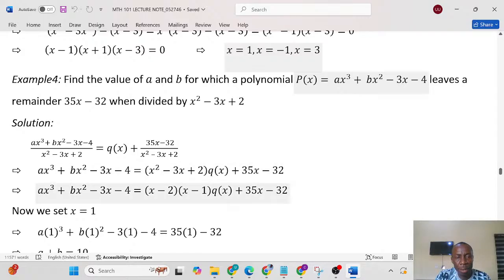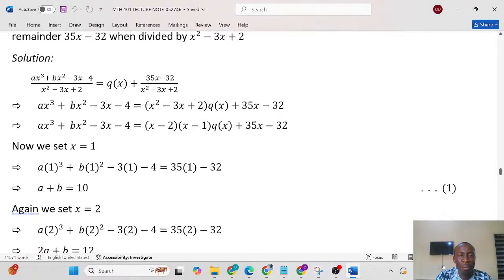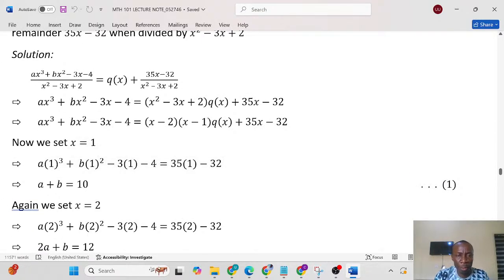When you factorize this quadratic expression, it will give us x minus 2, x minus 1, q of x plus the remainder, which is 35x minus 32. Now, in this case, if you set your x to be equals to 1, from the left-hand side, you have your a into 1 raised to power 3 plus b into 1 raised to power 2 minus 3 times 1 minus 4.